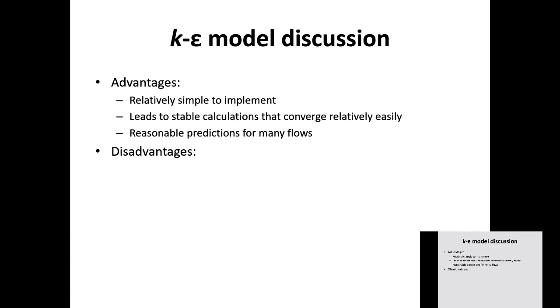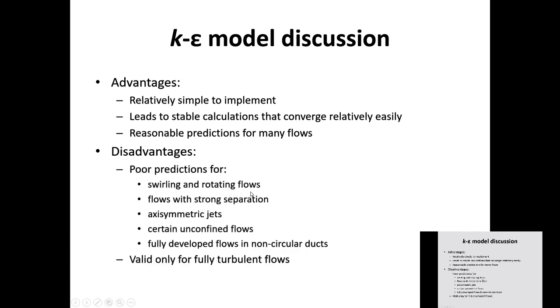So advantages are it's relatively simple to implement, leads to stable calculations that converge relatively easily. You get reasonable predictions for many. Disadvantages are poor prediction of swirling, as I said, or if you have separation. So for example, if you do an aerofoil, you might find flow separation at the end. K epsilon model doesn't do that very well.